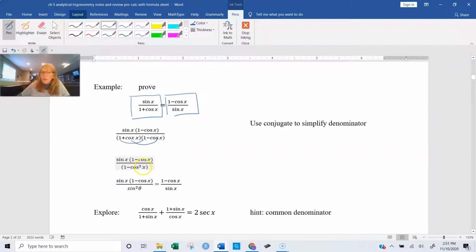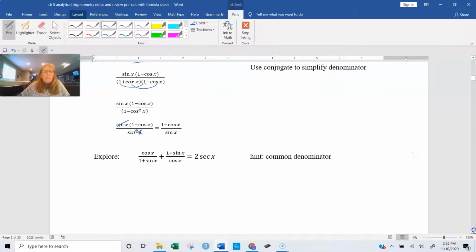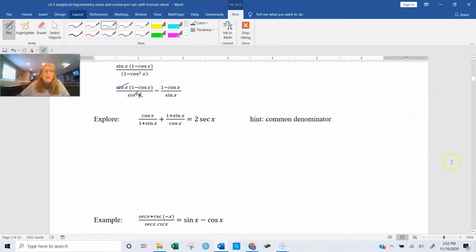Awesome, because we know that 1 minus the cosine squared is the sine squared. Well, not quite there because I need sine up here. But I have a sine in the numerator and 2 in the denominator, so I can cancel those. Oh, this should have been an x here. I am sorry, I wrote that wrong. Now, I've got 1 minus the cosine of x over sine of x. Not bad, right? Okay, pause and try yours.